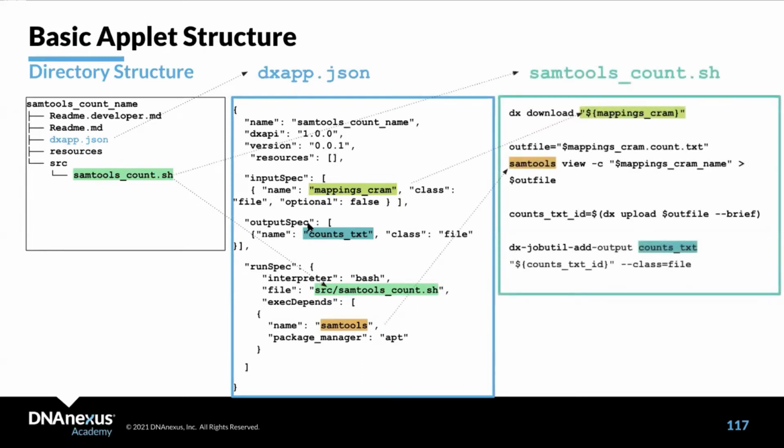And together with the JSON, we also have the bash script. In our case, it's sumtools_count.sh, where the actual thing is done. And so for now, there are a lot of different arrows that you see, a lot of code.